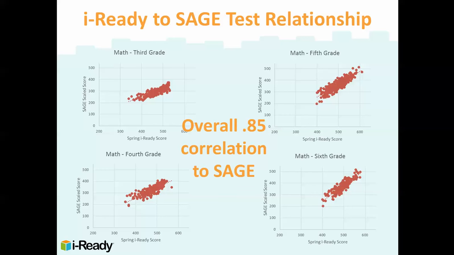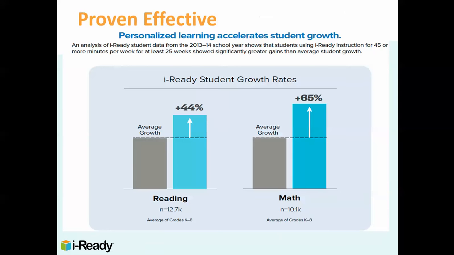The great thing is that you don't have to wait to the end of the year to find out that that student is 2 or 3 grade levels behind. You're going to know that 2 or 3 months into the school year, and now you have time to make preparations and provide different supports to help change that outcome at the end of the year. And that's a key differentiator in AIReady.